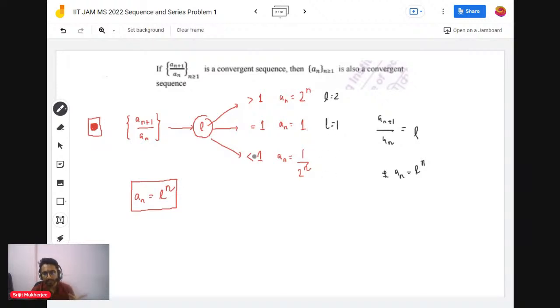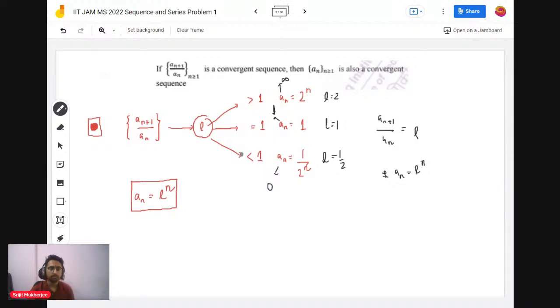And if L is less than 1, let's say half, here the limit will be 0, so L is equal to half here. So here 2 to the power n is going to infinity, here it's going to 1, and here it's going to 0. So depending on this limit, we have different behaviors of a_n, which gives us counterexamples.